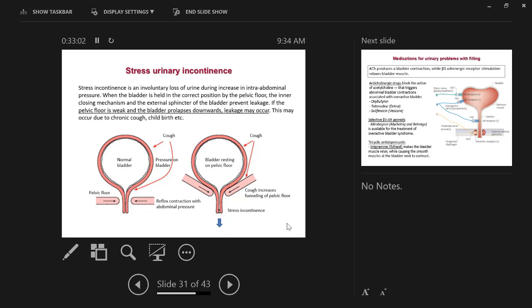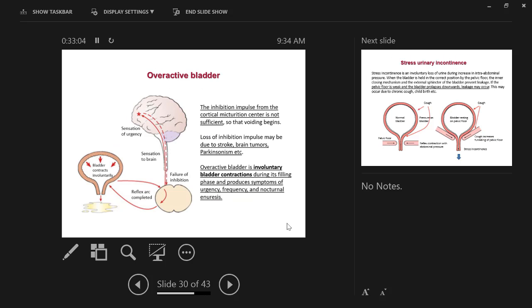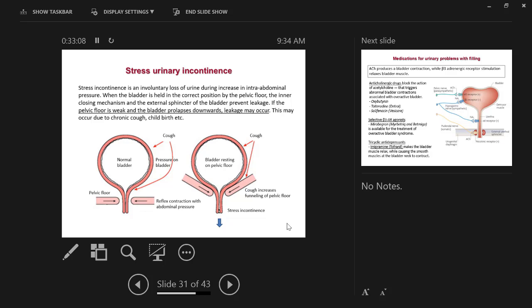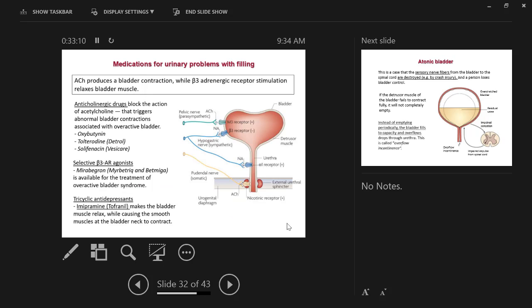Okay, so for both overactive bladder and stress incontinence, how can you treat those patients? So this is a strategy. Now it's a problem with filling, right? Because urine comes down.